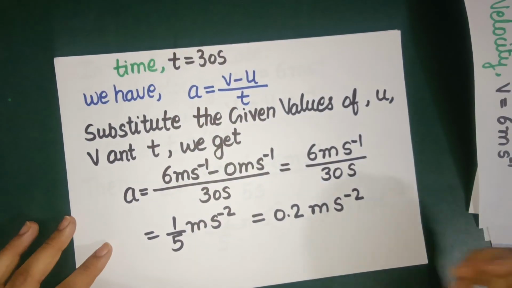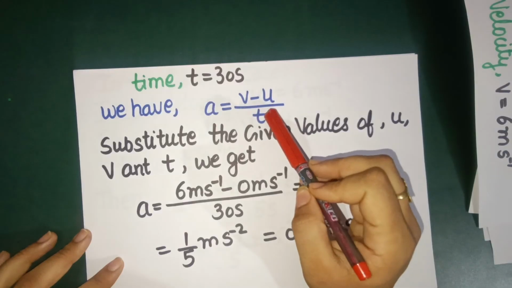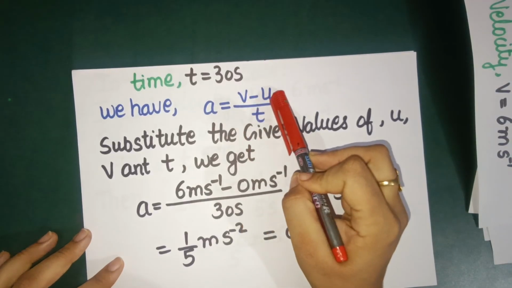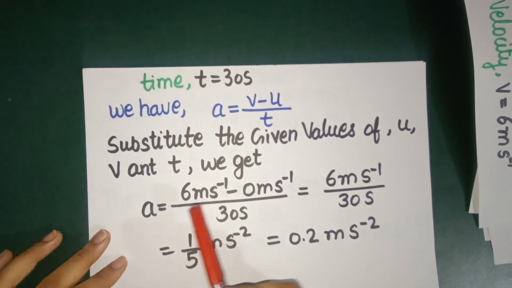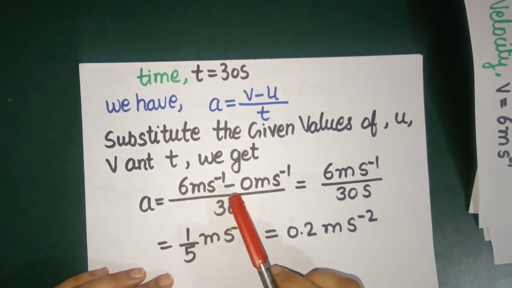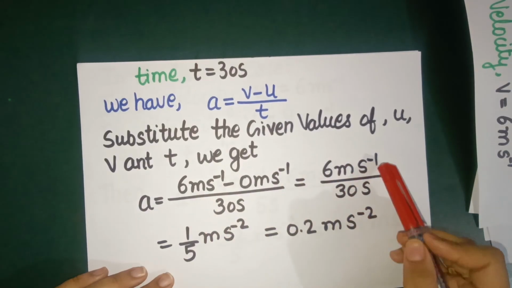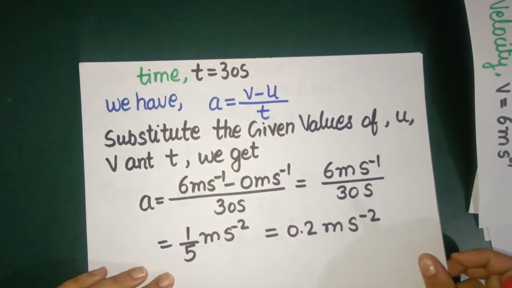So we have acceleration is equals to v minus u by t. So v is final velocity minus initial velocity over time taken. Substitute these values and we have 6 meter per second minus 0 meter per second over 30 seconds. So we have 6 meter per second over 30 seconds. So this gives us 0.2 meter per second square.